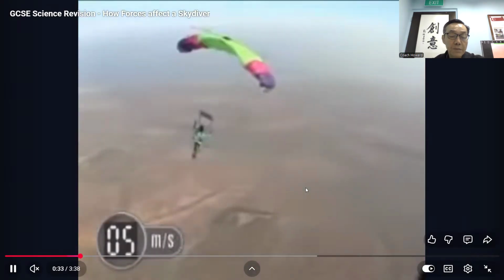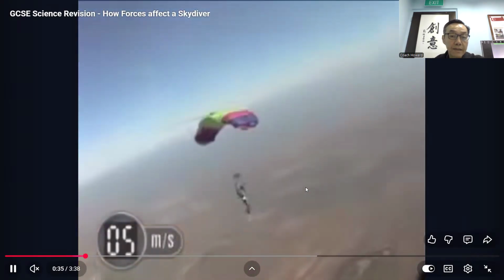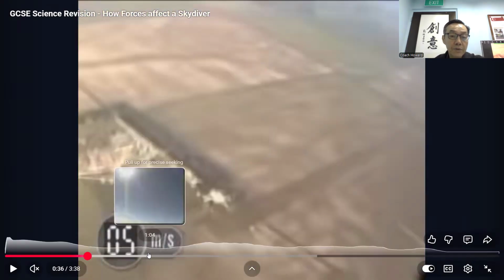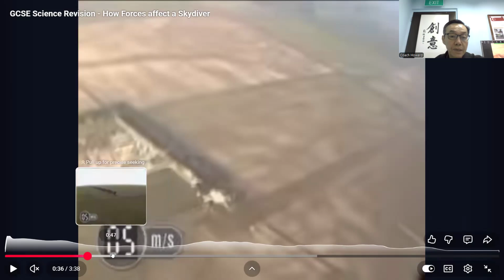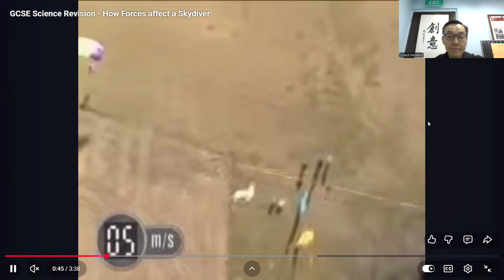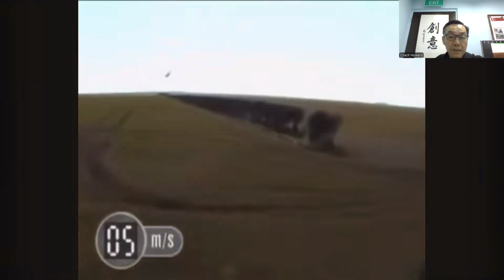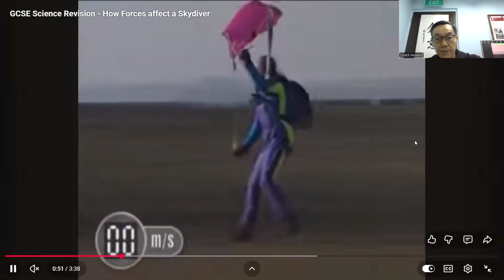So it decreases to 10, and later it will slow down to 5 meters per second. The parachutist will actually land at this speed. If I fast forward here, this is a safe landing at 5 meters per second instead of 55 meters per second.